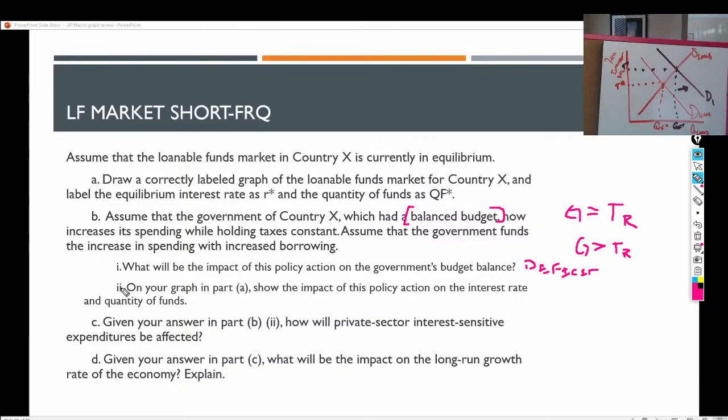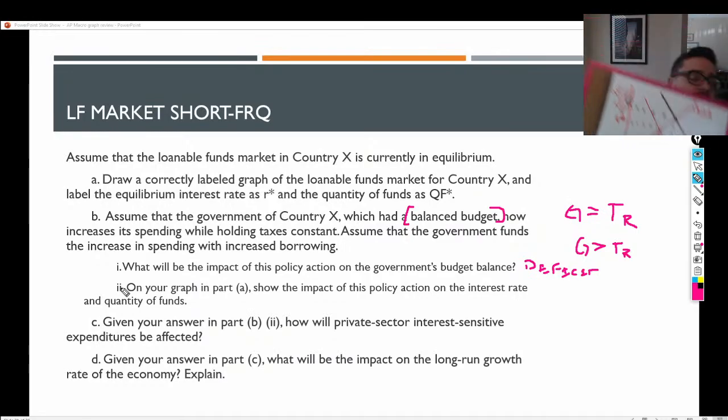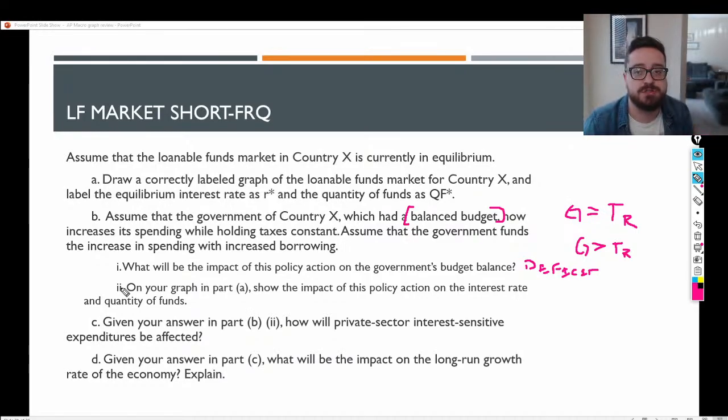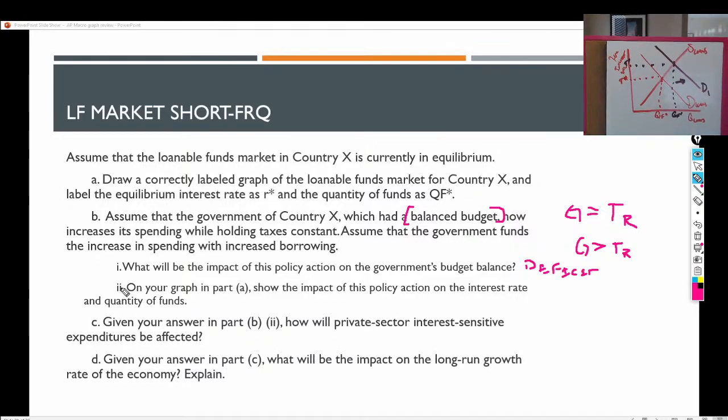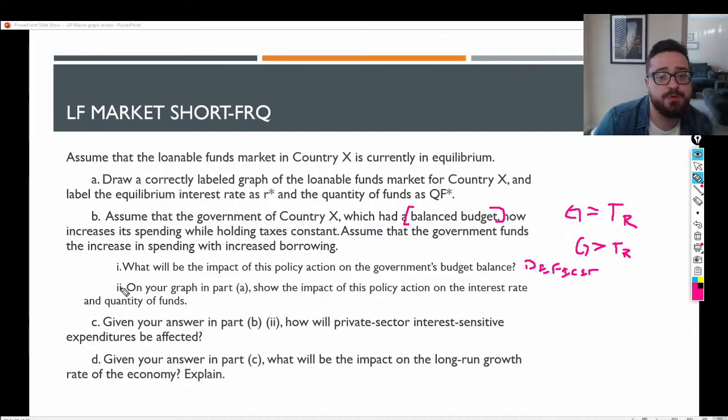So I draw an increase in demand, which gives me a higher quantity. The higher quantity there means that there is a total higher amount of money being loaned out, is how I interpret this graph. The higher real interest rate, because if the government wants to borrow more, banks are going to start charging more for loans for not just the government, but for everybody, because it's all the same money for the bank. Doesn't matter who they're lending to.